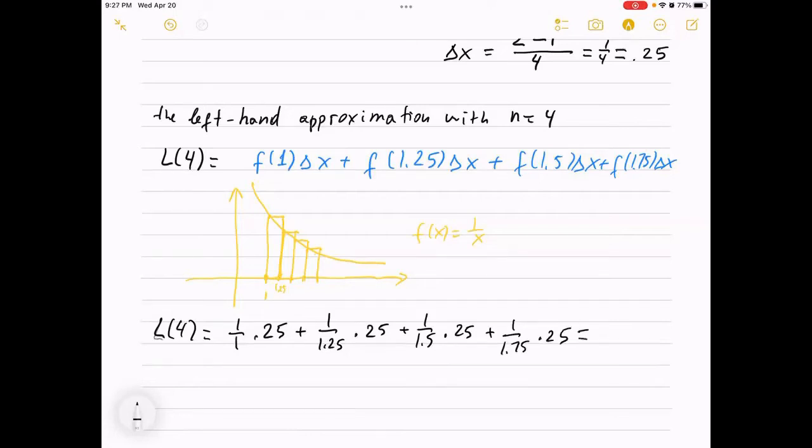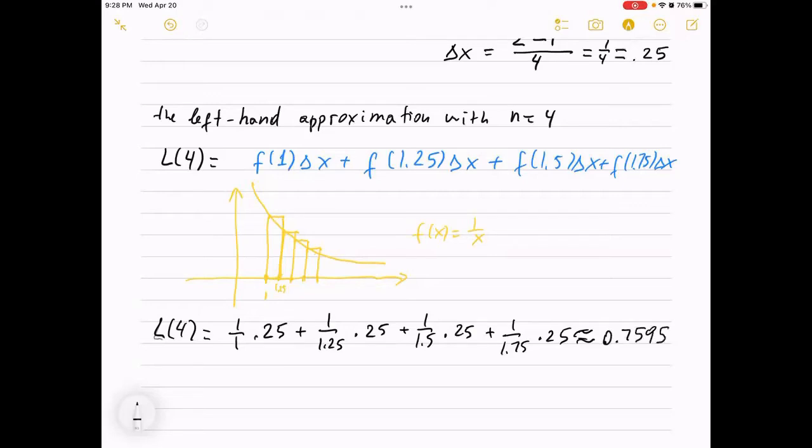We do the calculations, approximating to 4 decimal places, and we get 0.7595.